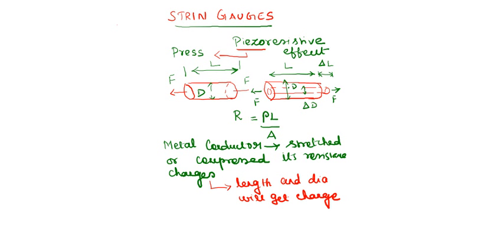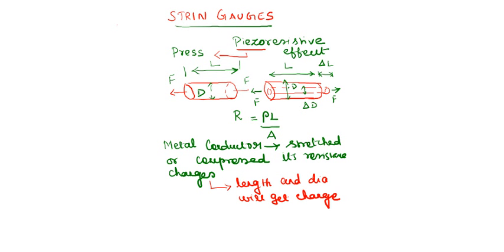In the previous discussion we had a similar term, the piezoelectric effect. You should know the difference between the piezo-resistive and the piezoelectric effect. The piezoelectric effect is like a piezoelectric transducer, in which when pressure is applied, we get an output in terms of electrical voltage.